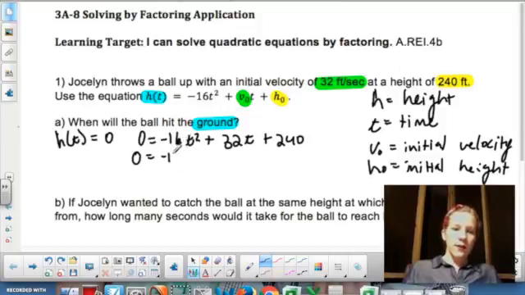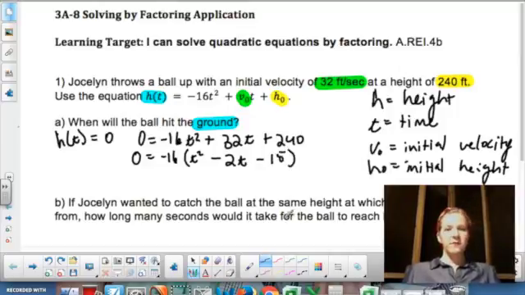So we're going to pull out a negative 16, and we're left with t squared minus, because 32 divided by negative 16 is negative 2, and then minus, again, because 240 divided by negative 16 will be negative 15. And now I'm ready to factor, and this is the trinomial that I'm going to be trying to factor here.